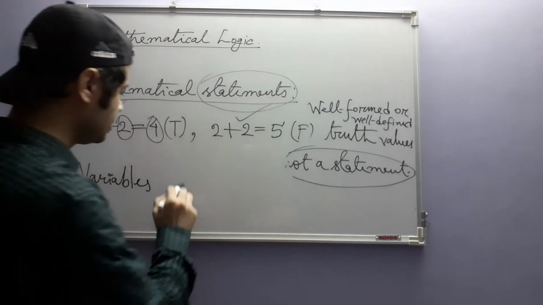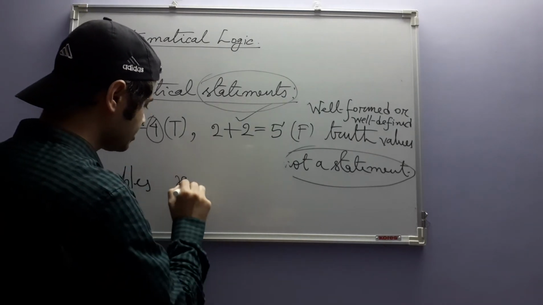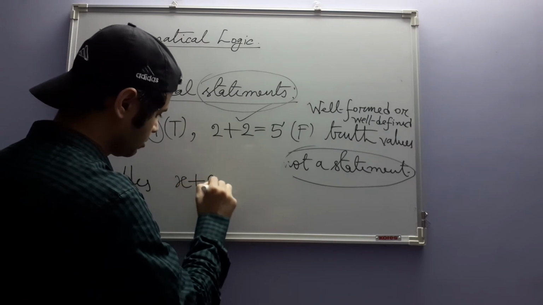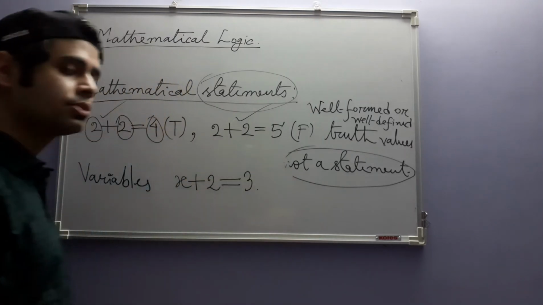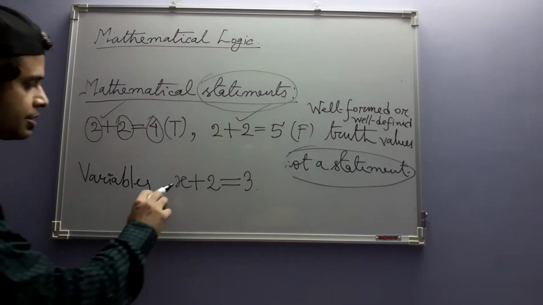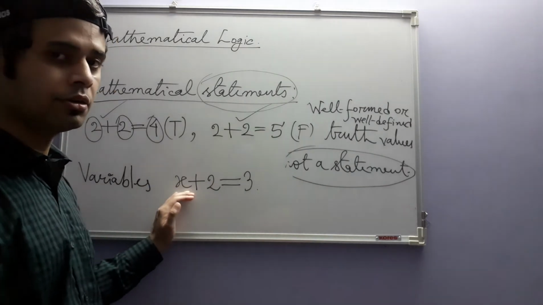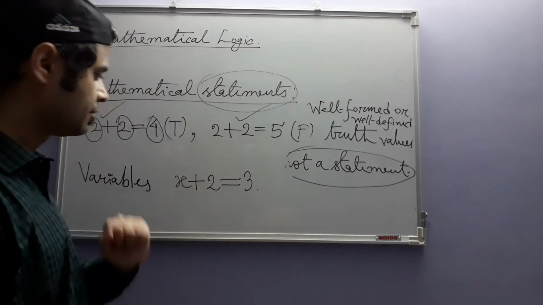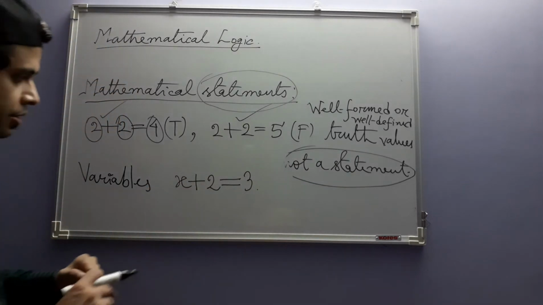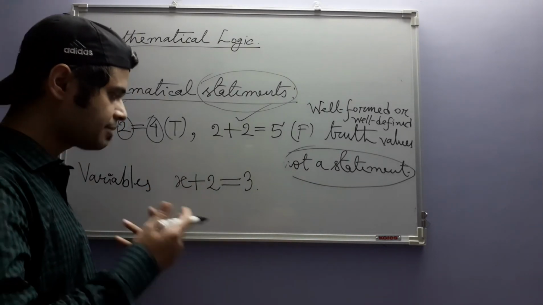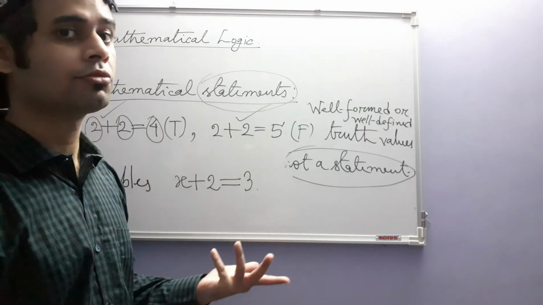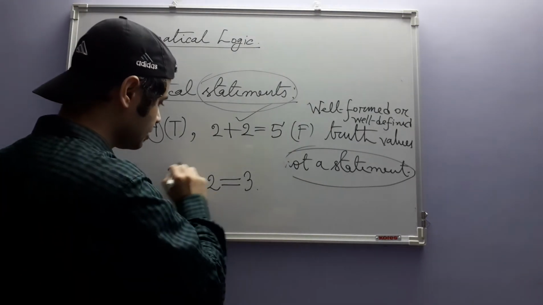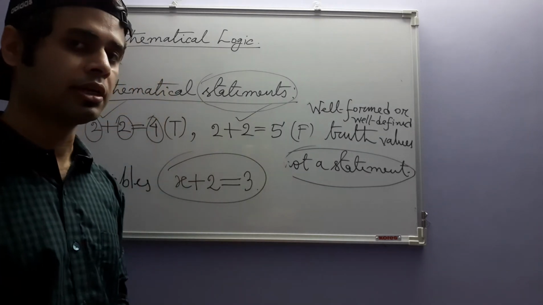For example, I can write a mathematical statement like this: x plus 2 is equal to 3. Here x is a variable. We don't really know what x is. Now, this statement as such cannot be determined to be true or false because nothing else is said about x.